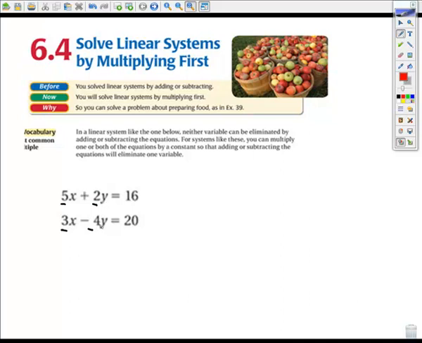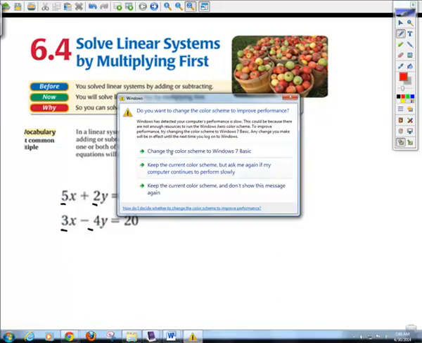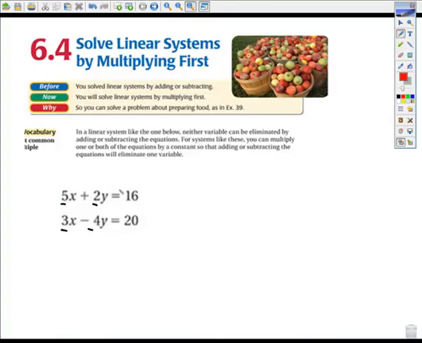So if one of these coefficients is a multiple of the other, so 4 is a multiple of 2, then I'm going to go ahead and go with that. 5 is not a multiple of 3, and 3 is not a multiple of 5. So in order to get this 2y to become a 4y, I need to multiply the entire equation by 2.